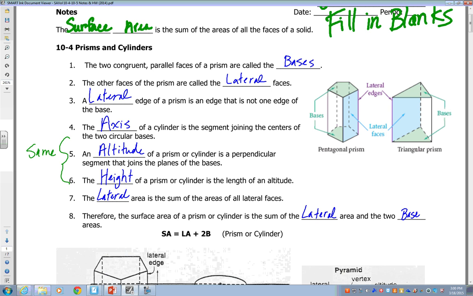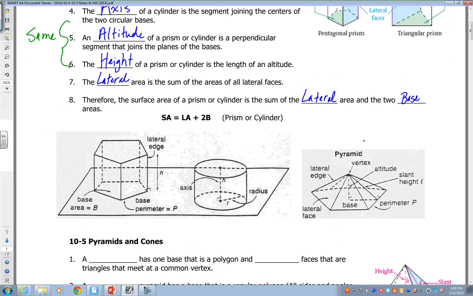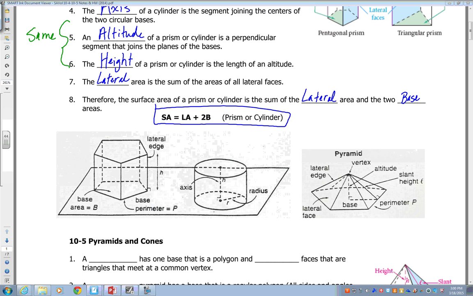All right, so the first thing, which I'm hoping you recognize, this formula can be used for a prism or a cylinder, and this is representing the total surface area of all the faces. All right, so if you have a highlighter, use the highlighter, box or star.